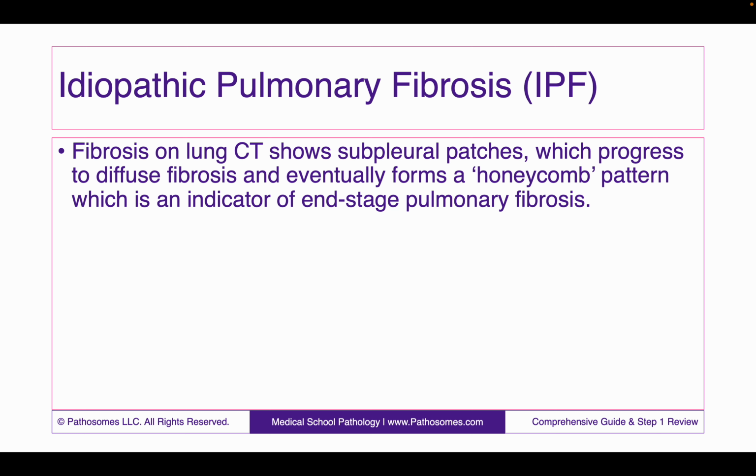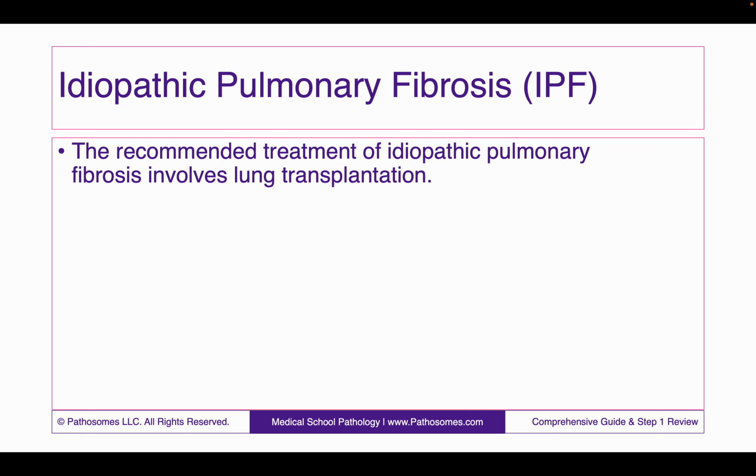And those may progress to diffuse fibrosis and eventually form a buzzword that you must know, honeycomb, right? Idiopathic pulmonary fibrosis may have a honeycomb pattern, and that, my friend, is an indicator of end-stage pulmonary fibrosis. The recommended treatment at that point would be a lung transplant.